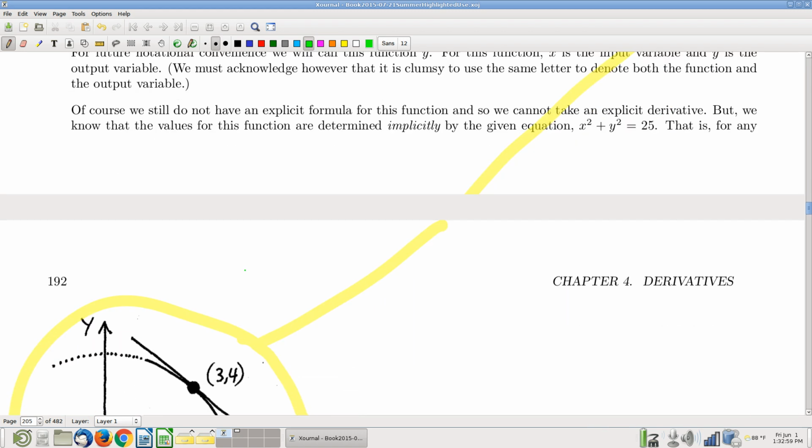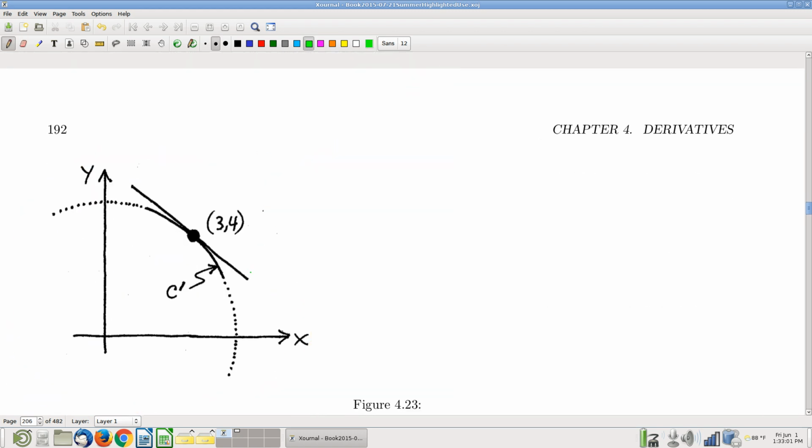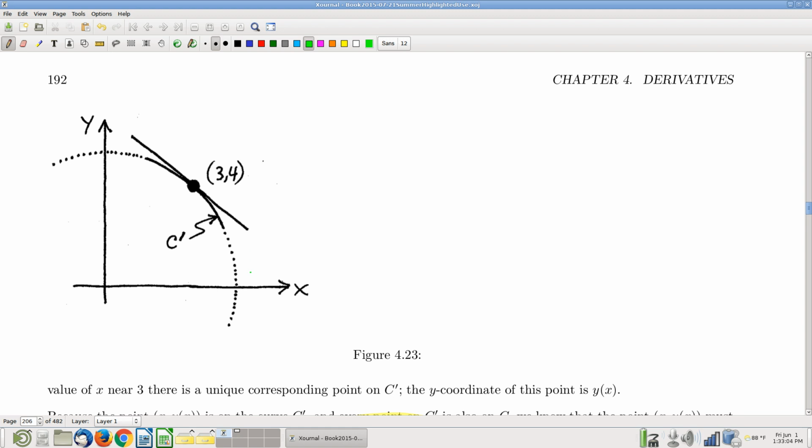I can kind of fix that problem by pointing out that, well, look, okay, if you want to know the slope of this tangent line to that curve, I argue that it's the same as the slope of the tangent line to that curve. I don't really need the rest of the circle.